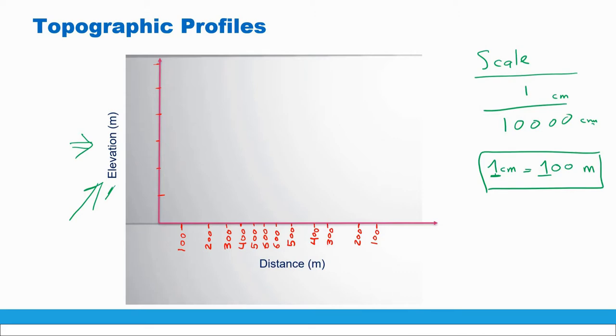It would be good to exaggerate the vertical axis so that you can see the changes in the topography in a better way. For the horizontal axis, the distance axis, it is the same scale that you've got from your map. For the vertical one, you can pick a scale that suits the elevations that you have.